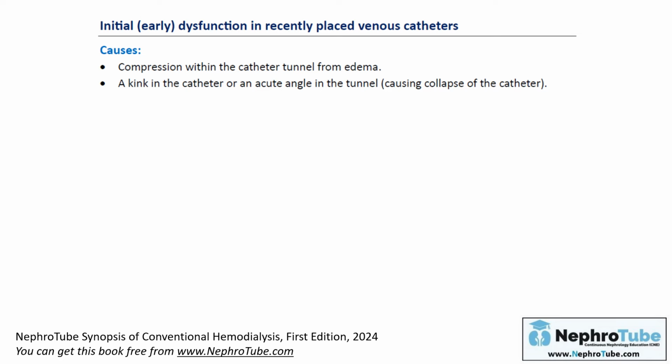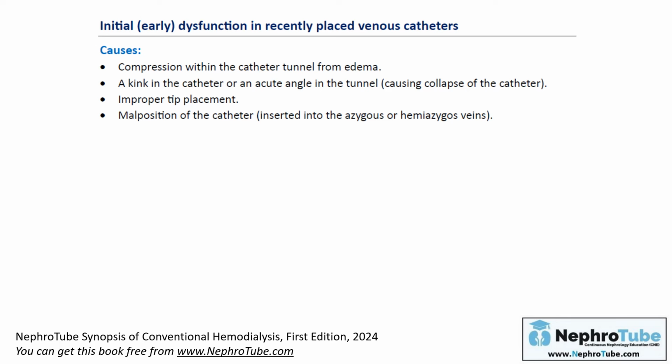The catheter may not be well inserted, with an acute kink or improper tip placement, as we mentioned in the previous lecture regarding the proper tip of the catheter. There may be malposition, where the catheter is inserted in another vein. There may be intraluminal thrombosis, and we mentioned this in the previous slides.